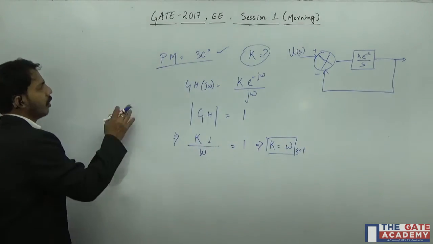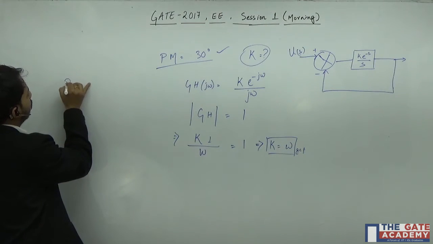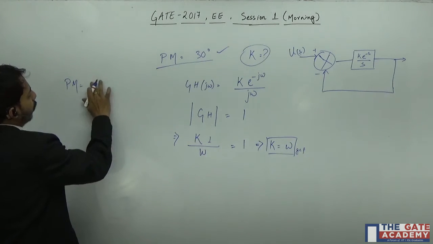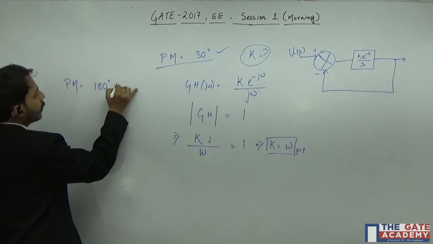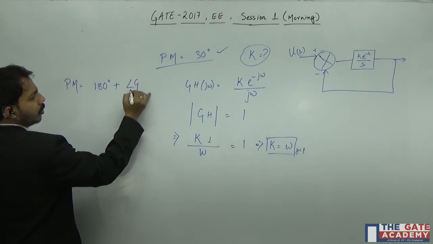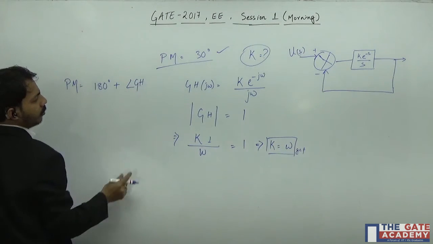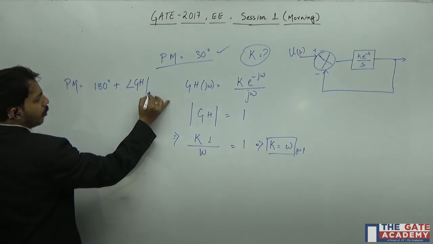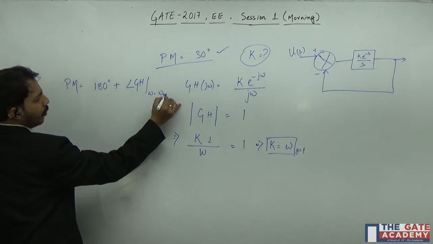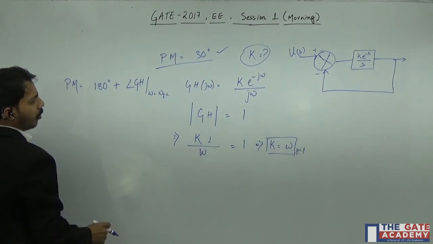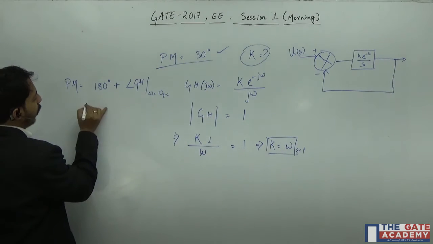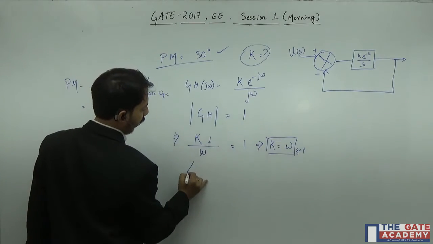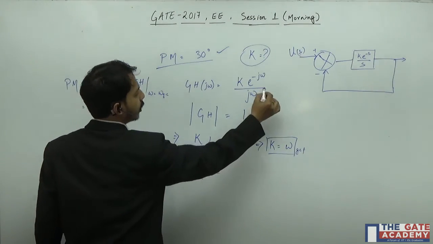So what is the phase margin expression? Phase margin is 180 degrees plus the angle of this transfer function G(s)H(s), or G(j omega), at omega equal to the gain crossover frequency. Now we can find the angle of GH from this expression.